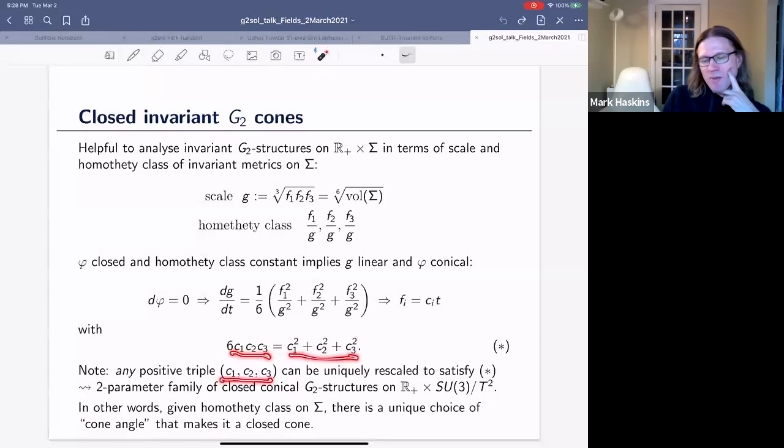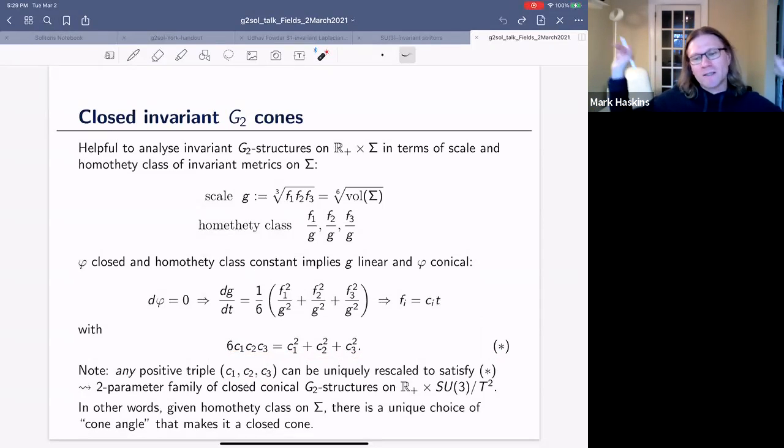So if you start with any positive triple, there's some unique choice of rescaling to satisfy that. So if you fix the homothety class of metric on sigma, then there is a unique choice of cone angle that actually makes it a closed cone.